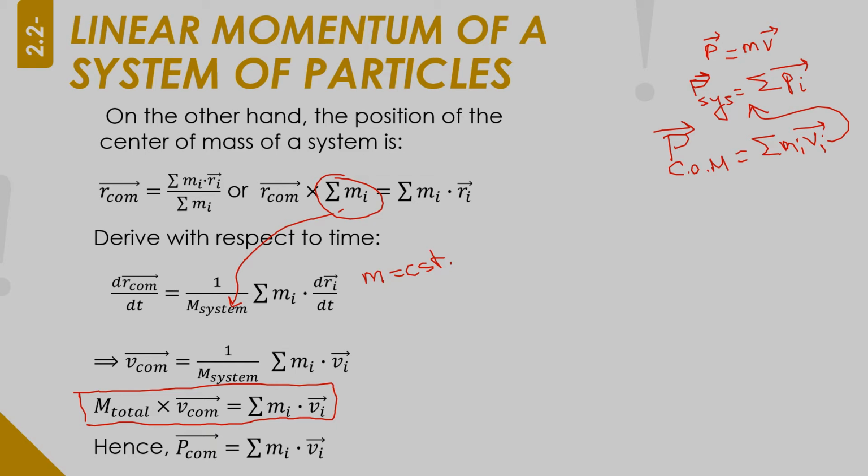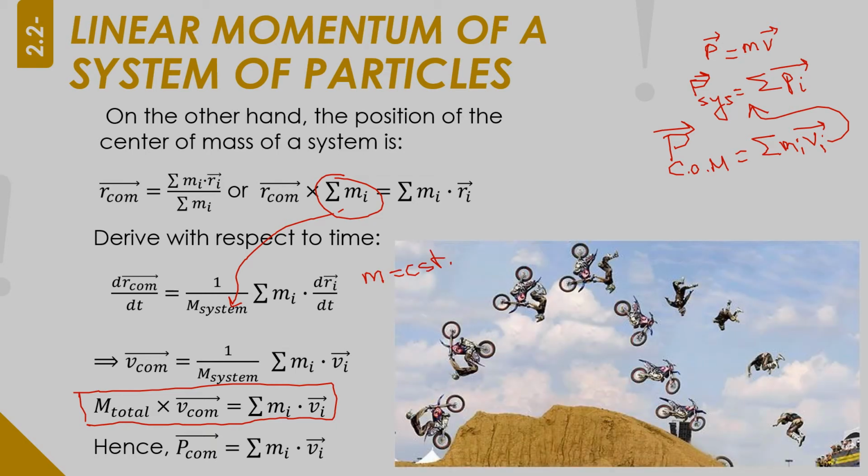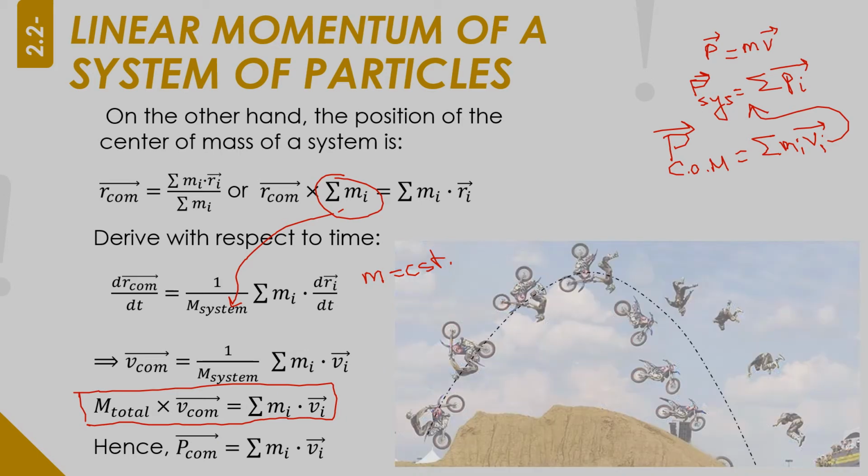Take for example a daredevil or a cyclist attempting a jump on his motorcycle. As this cyclist jumps at a certain point, the motorcycle and the cyclist are detached. The motion of the cyclist and the motorcycle isn't random, isn't arbitrary. If you take a look, what you can see here is the trajectory followed by the center of mass of both the cyclist and the motorcycle.